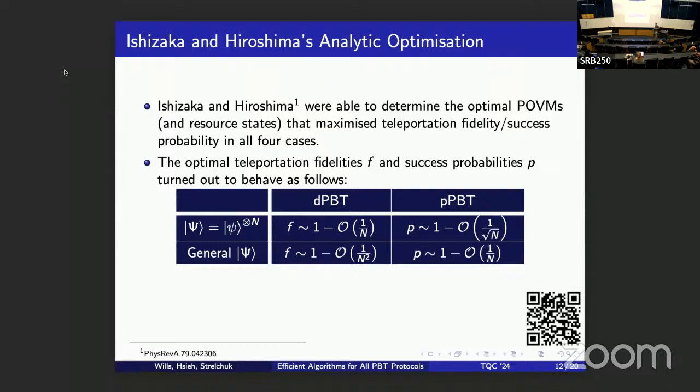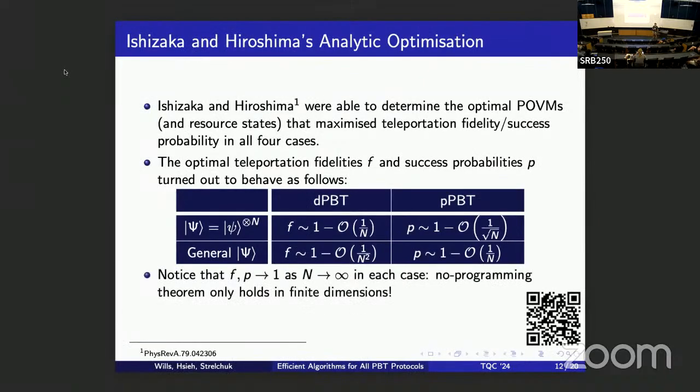Notice that in both cases of DPBT and PPBT, we get a quadratic improvement in the deviation from 1 when you go from a maximally entangled resource state to a general resource state. This is maybe unintuitive because you would think that if you share more entanglement with someone, you should be able to teleport better, but it turns out that actually having a sub-maximally entangled resource state, you can teleport better.